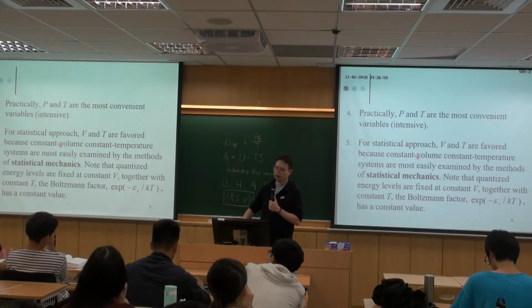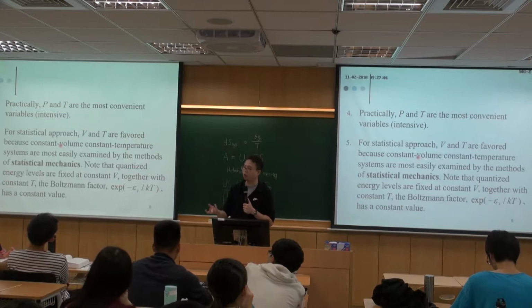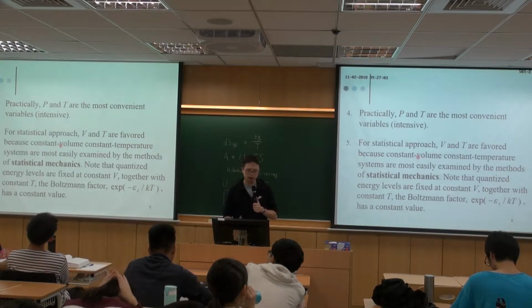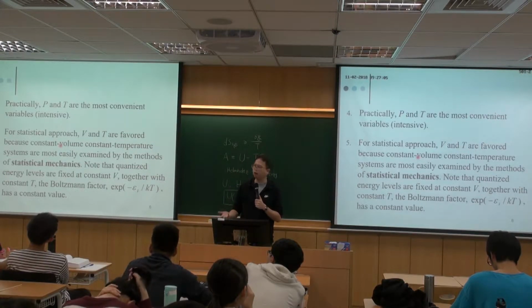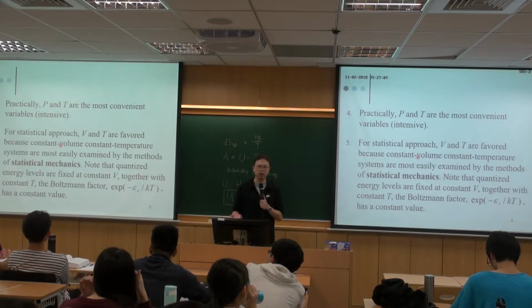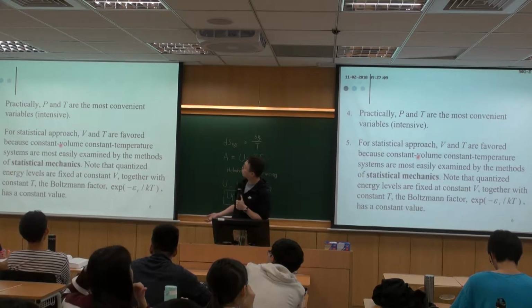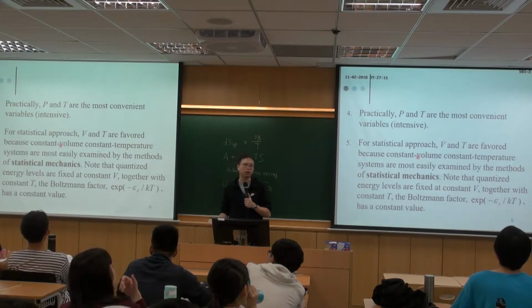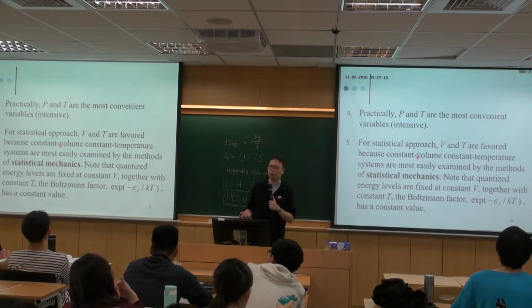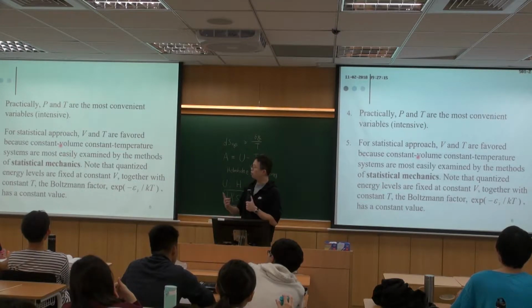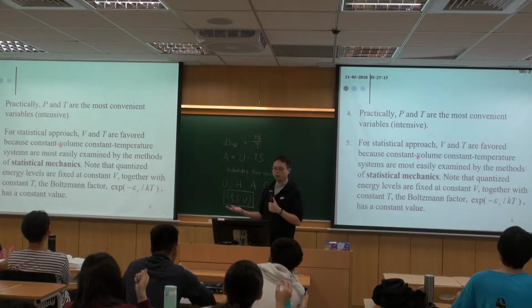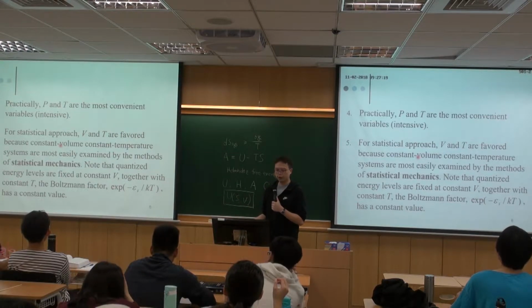It really depends on how many particles you have. But P and T are both macroscopic quantities: as long as you have a thermometer and a pressure gauge, you can get those two numbers. One number for pressure, one number for temperature, and you can tell a lot of stories.